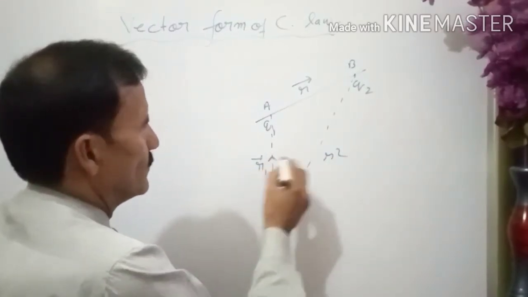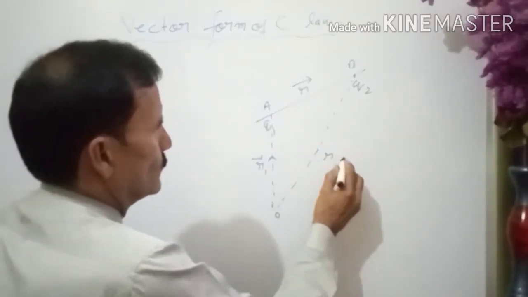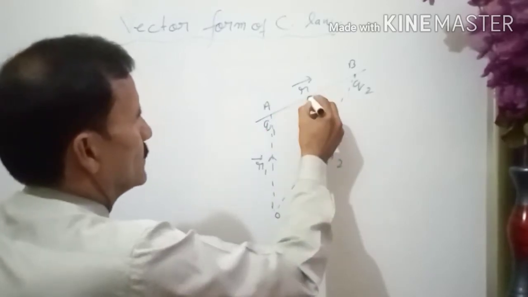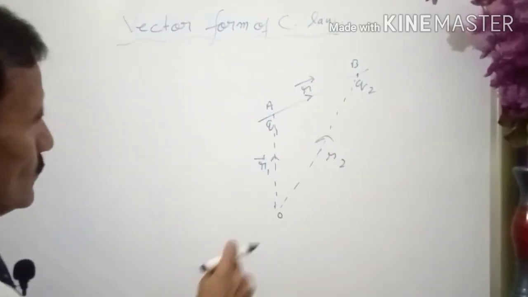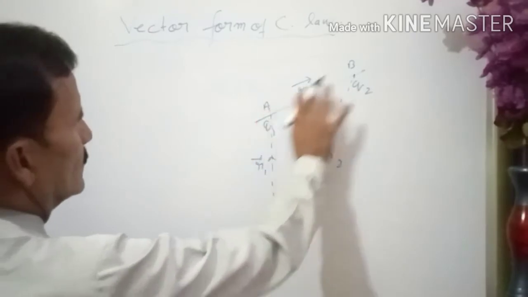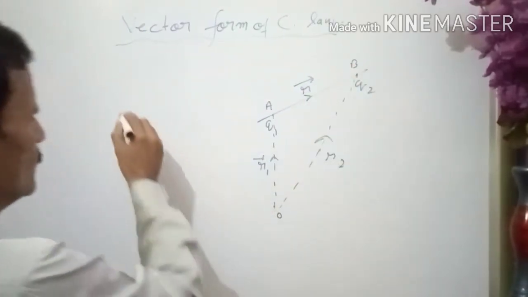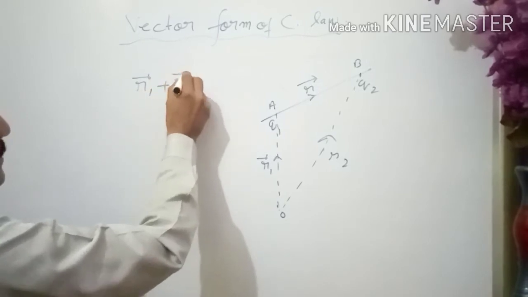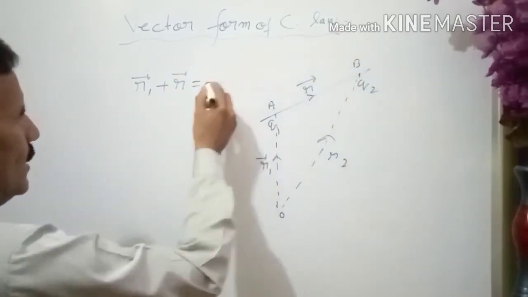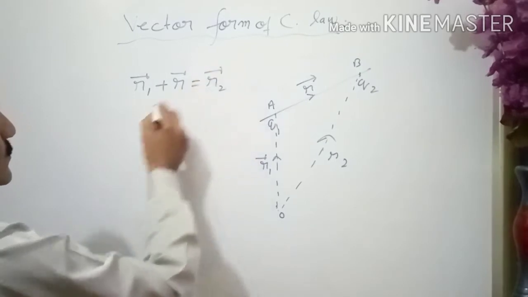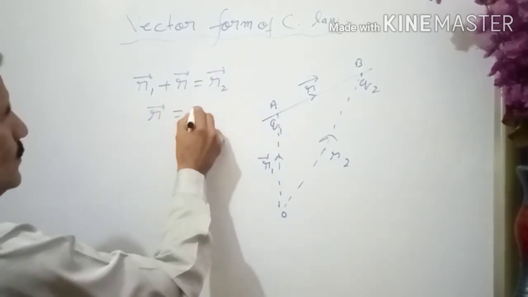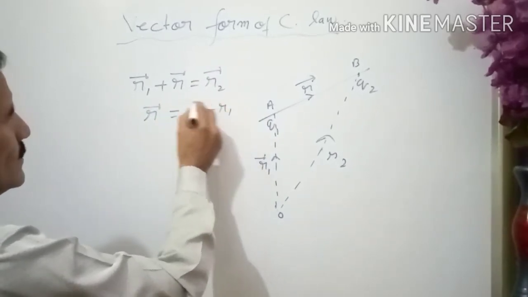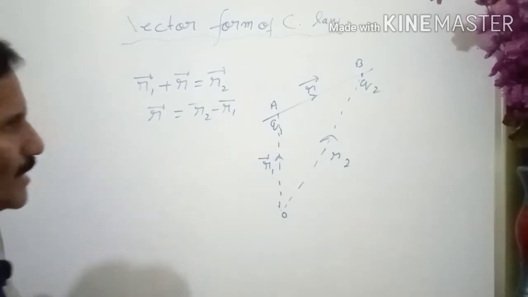From vector addition, R1 plus R is equal to R2. So R is equal to R2 minus R1, that is vector AB.